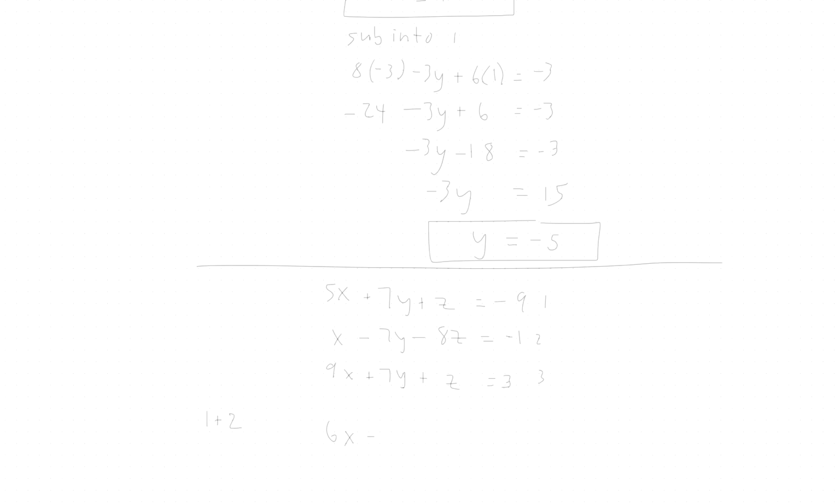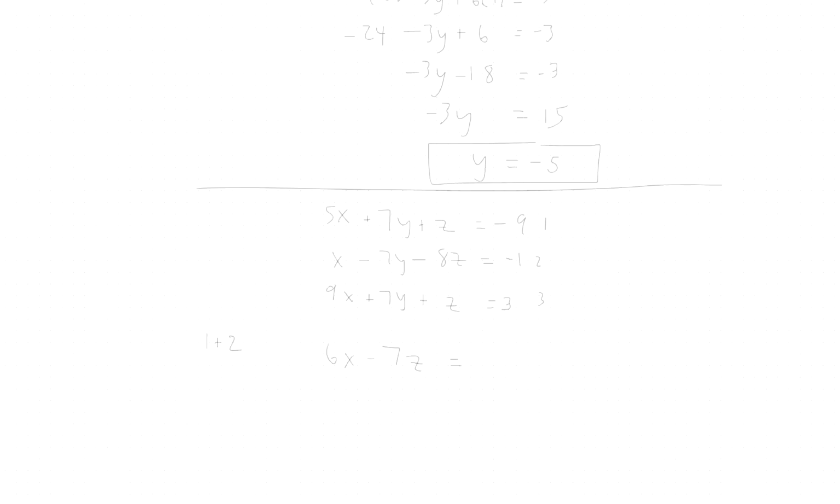And then what's negative 9 plus negative 1? That'll be negative 10. Okay, so that's equation 4. So now we just added 1 and 2.